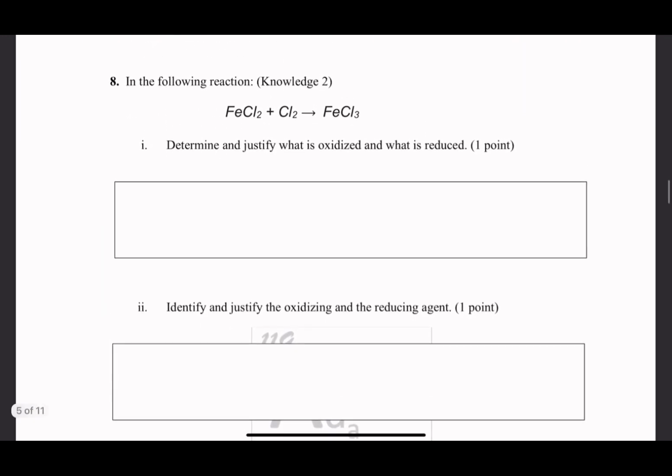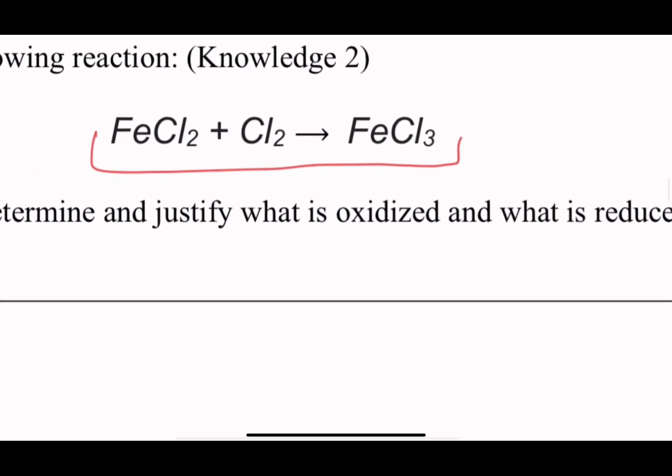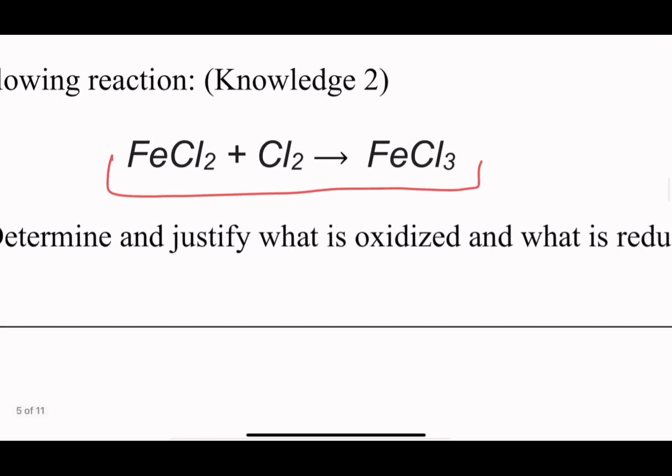In the following reaction over here, determine and justify what is oxidized, what is reduced. So before we go, we need to find the oxidation numbers. So we know that by itself chlorine is going to be 0. But when you make a compound, all the halogens, fluorine, chlorine, bromine, and iodine, they are -1.